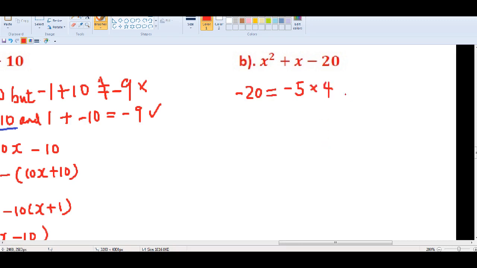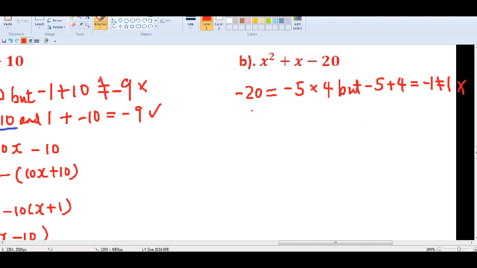Does it work? You need to add them. It's minus 1, but the middle term here should be plus 1. So it doesn't fulfill the requirement that the sum must equal positive 1. So this one doesn't work.